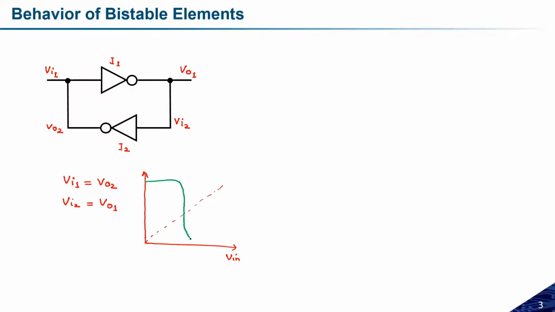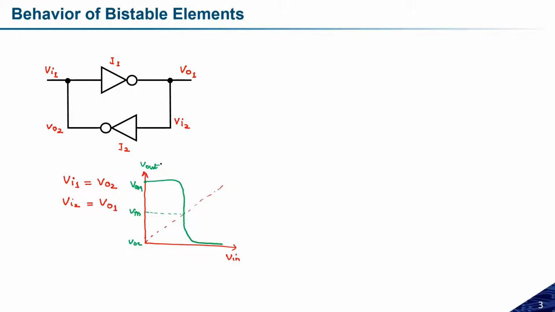This point is VOH, here we have VOL, and here we have the threshold voltage of the circuit, at which both transistors in a CMOS inverter are in the saturation region. This is really important to understand how the behavior looks. This is the input, and this is the output we receive. So these are the input-output characteristics of a simple inverter.